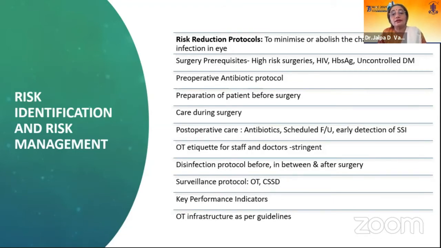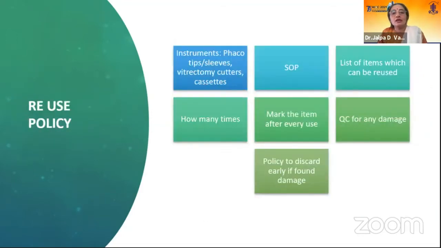Extra care taken while operating in case of HIV positive or uncontrolled diabetic patients, pre-operative antibiotic protocol, preparation of patient before surgery, care during surgery, post-operative care in regard to antibiotics, scheduled follow-up or early detection of infection, stringent OT etiquette for staff and doctors, disinfection protocol before, in between, and after surgery, and surveillance protocol for OT and CSSD, KPIs, and your OT infrastructure as per NABH guidelines.